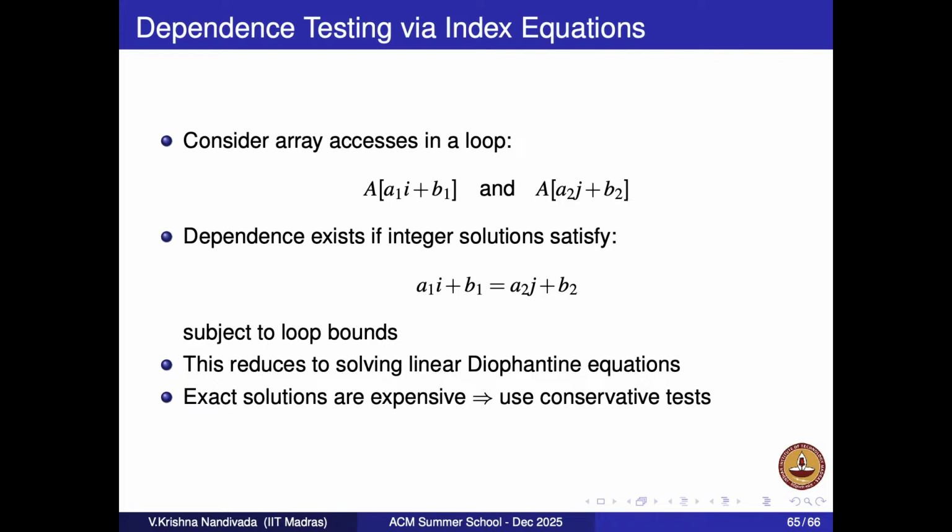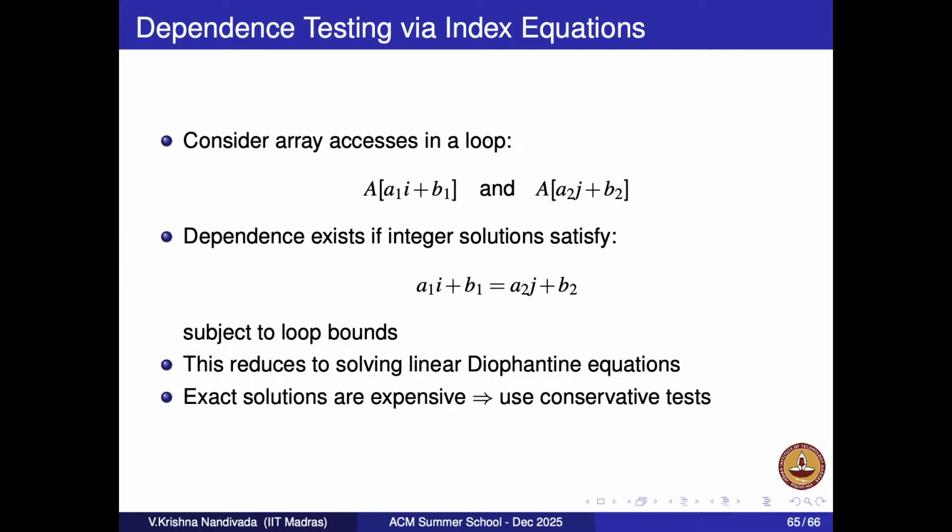Second, I1 less than equal to the max value 4, I2 less than equal to max value 4. So for this loop, do I have now inter-iteration dependence? No. It's possible that for some other values of I larger than 4, there is a dependence, but not here. Correct?